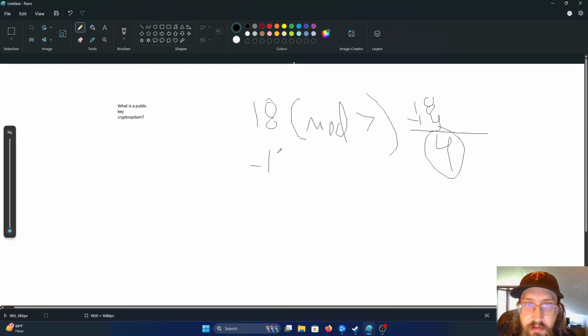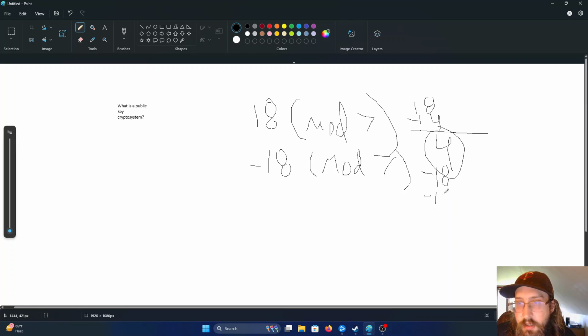Now they have negative 18 mod 7. Again, 7 goes into 18 two times, and negative 18 minus 14, whoops, negative 18 mod 7 equal to 3.